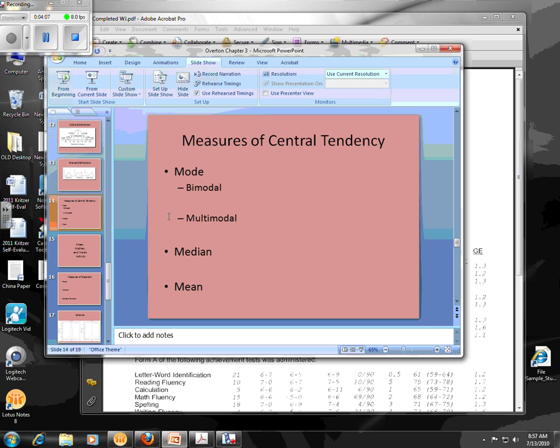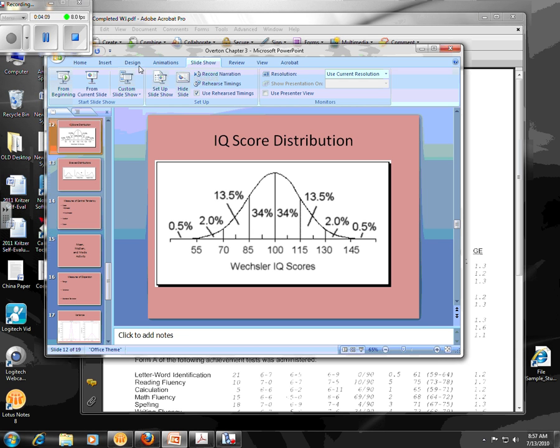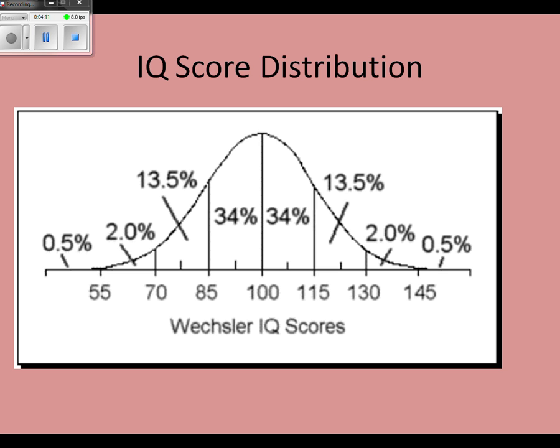And if you take a look one more time at this IQ distribution, you can see how the student's scores are all in this area in here. So there is quite a discrepancy between their ability and their achievement.